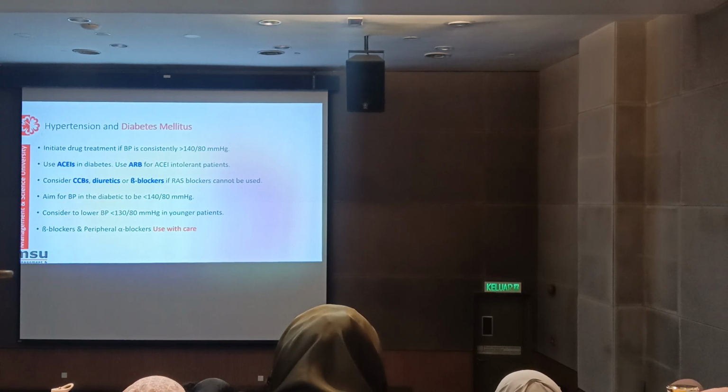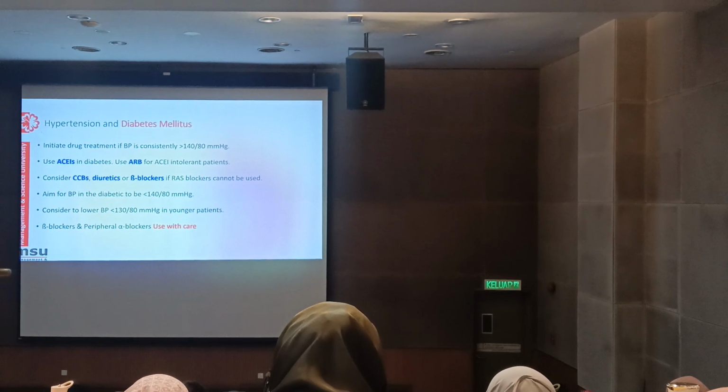Normally, the blood pressure target should be less than 140 over 80. To achieve this value, they prefer to use angiotensin converting enzyme inhibitors, ACEIs, in diabetes, because they have so many advantages.